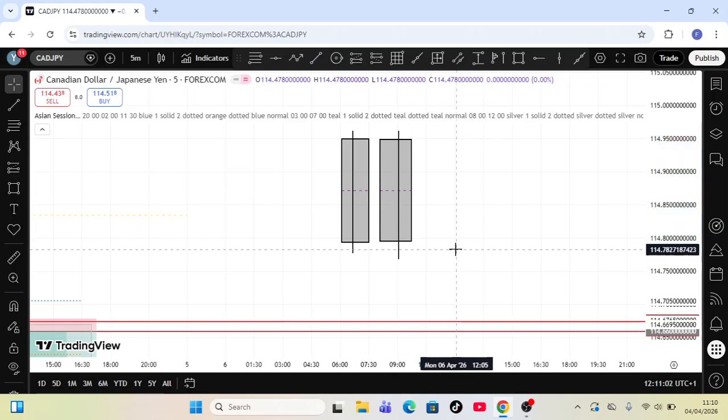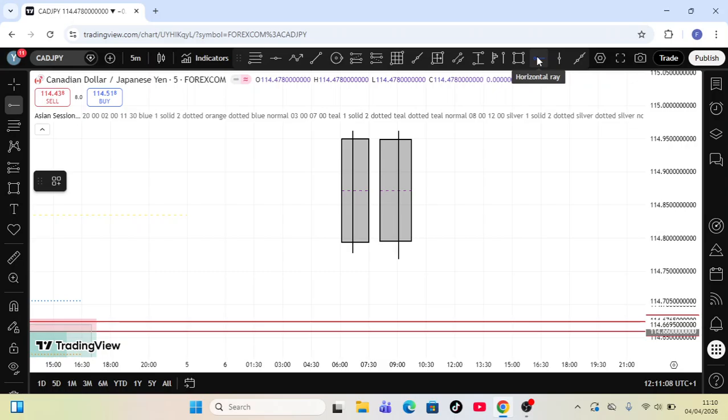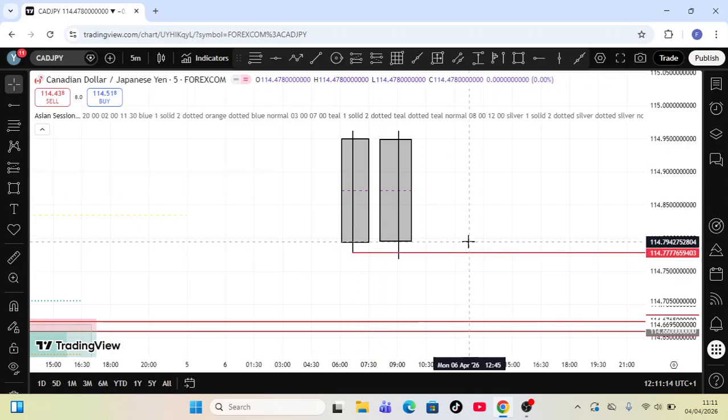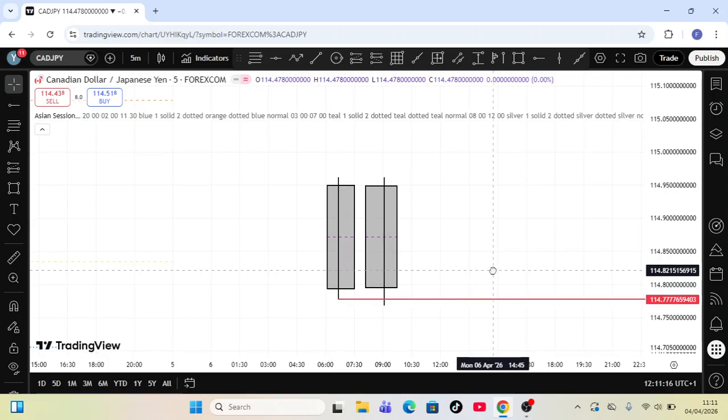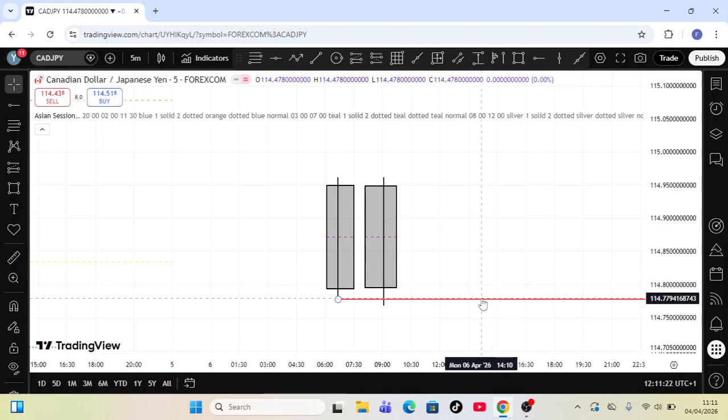Like this, this is what we need on the 1 hour time frame, whether it is Asian session, New York session, or London session. We only trade on the 1 hour time frame.